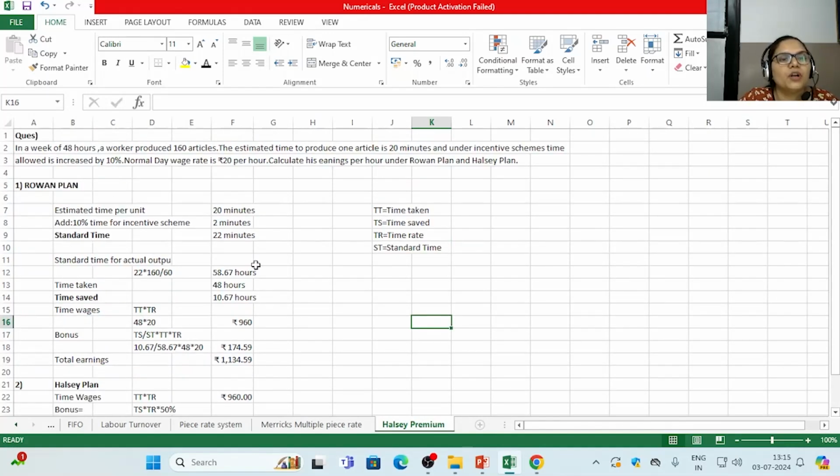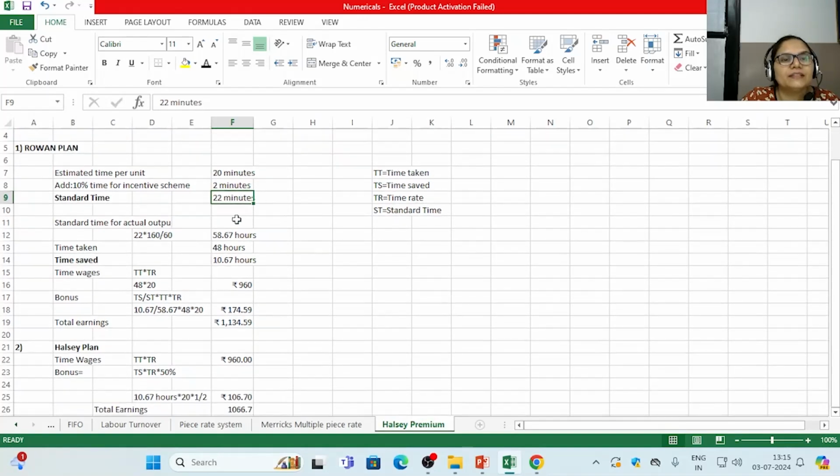So first of all, we will do the basic calculation. Estimated time per unit is given in the question. It is 20 minutes. Next, an addition of 10% time is required for the incentive scheme. It is 2 minutes. Standard time comes out to be 22 minutes, that is 20 plus 2.